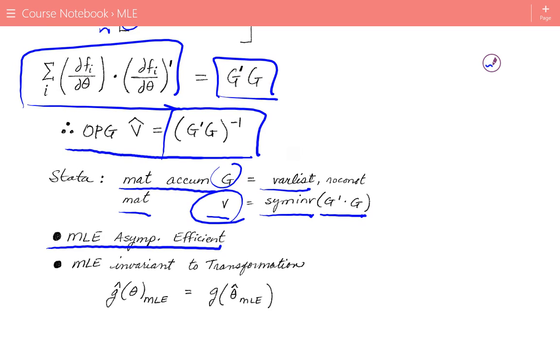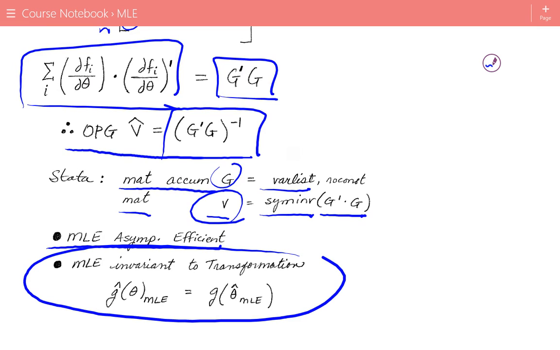Second, and this is actually very important, the maximum likelihood estimator is invariant to transformation. So you can get an estimate of a function of parameters by taking the function of the MLE estimates.